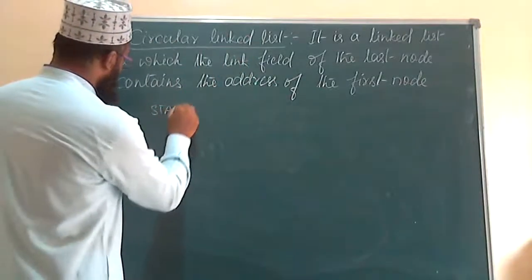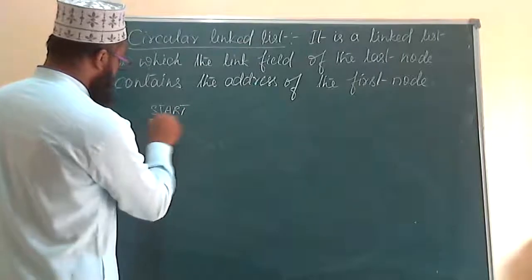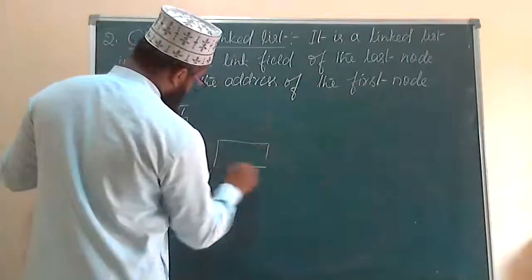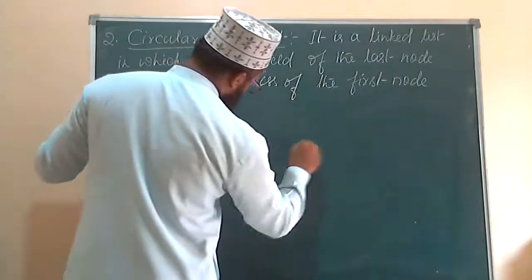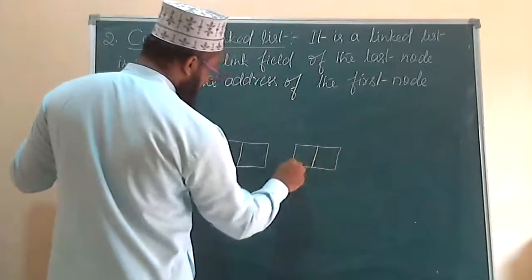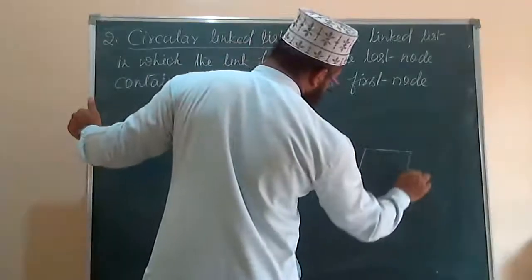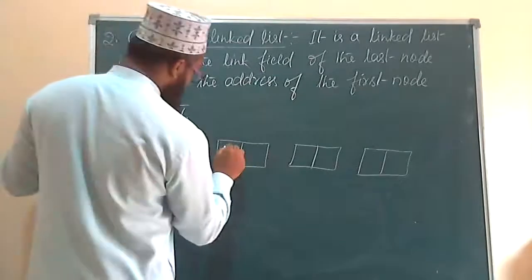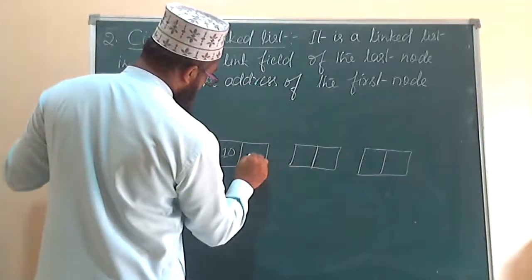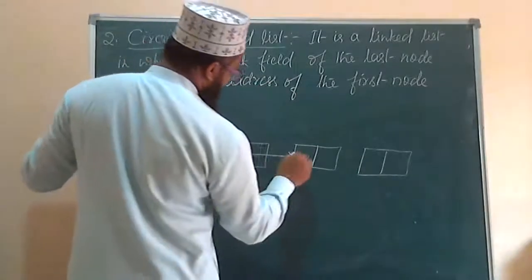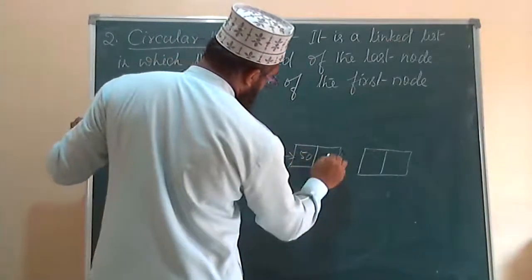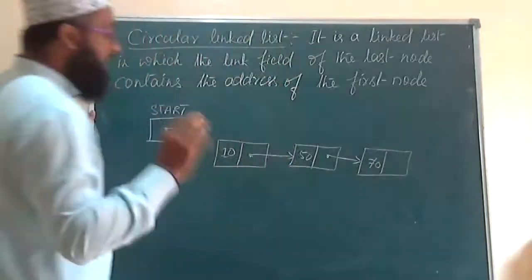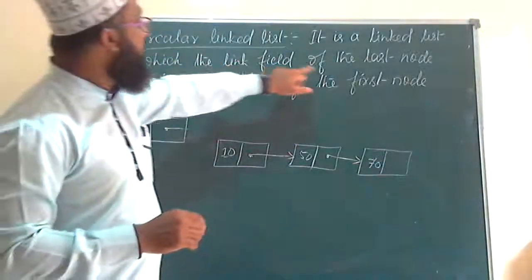Start or head, like this. Then 2 or 3 nodes, 1, 2. Any number of nodes you want, you can write. Having some data, then contains the address of the next node. Having some data, then contains the address of the next node. Having some data, then here, see, the link field of the last node.